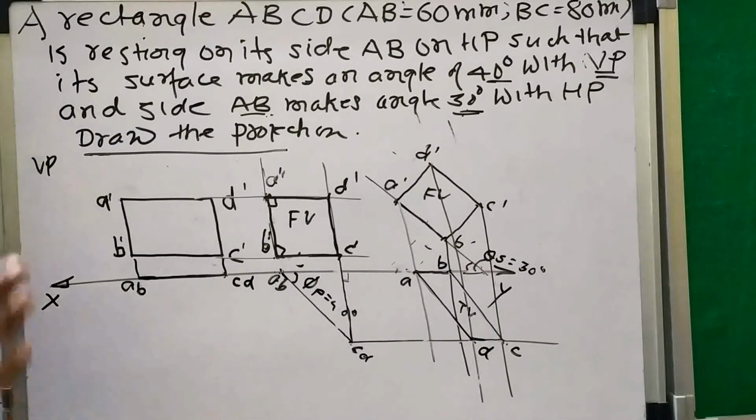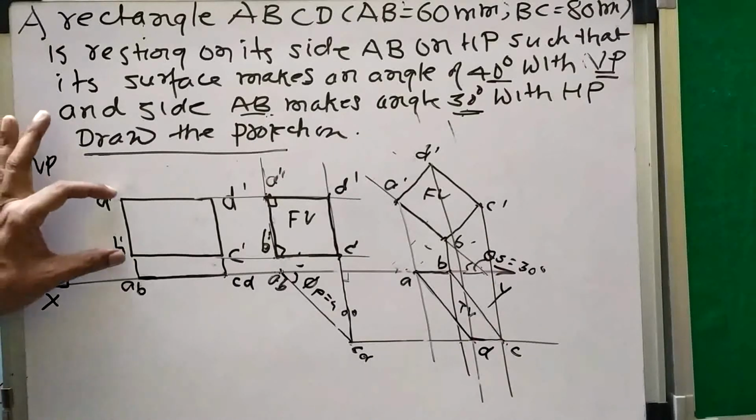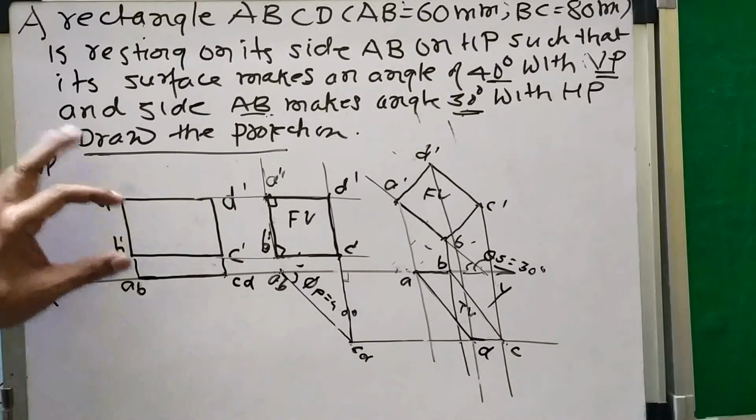Now, in these two categories of problems, some additional features are there. What is the additional feature that we will see? That is, every time the figure will not rest on the side. Sometimes it will rest on the corner. That is the case. Second, every time the resting side is not given inclined.